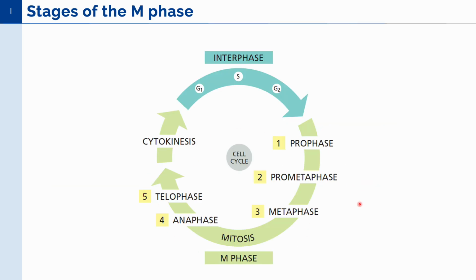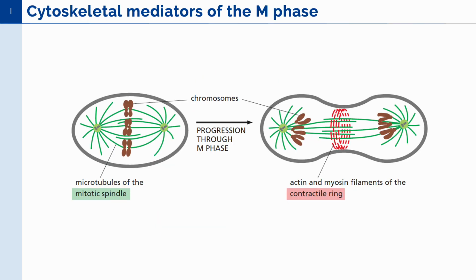Here we can see an overview of the different processes that occur in the M phase. You have mitosis, which is composed of the prophase, prometaphase, metaphase, anaphase, and telophase, and it's followed by your cytokinesis. In this figure, we can see some cytoskeletal mediators of the M phase. These cytoskeletal mediators were discussed in a previous lecture.